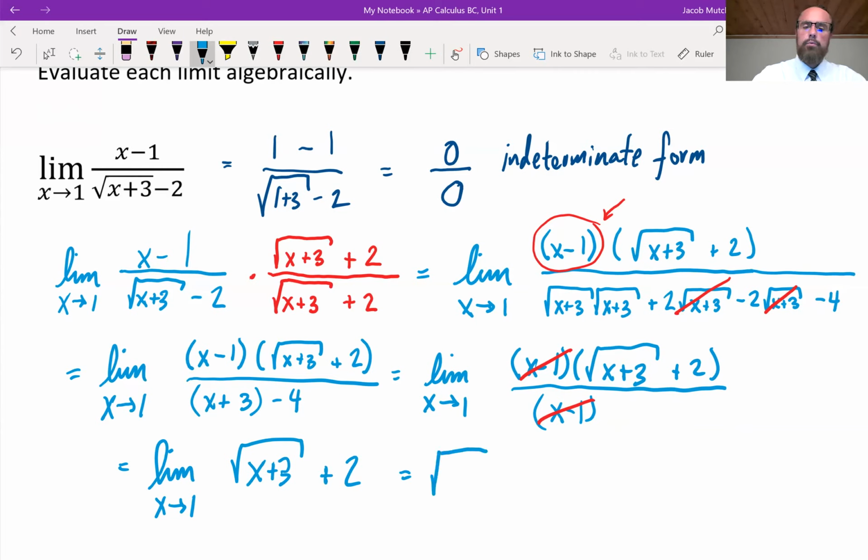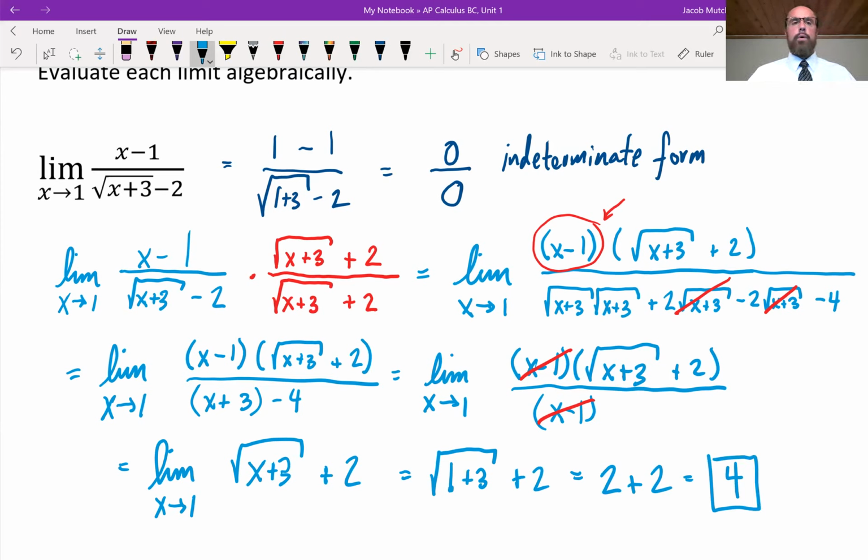So note I drop the limit when I'm doing the direct substitution. So this is square root of 1 plus 3 plus 2. So then we're going to just simplify. The square root of 1 plus 3 is square root of 4, which is 2. 2 plus 2 equals 4.